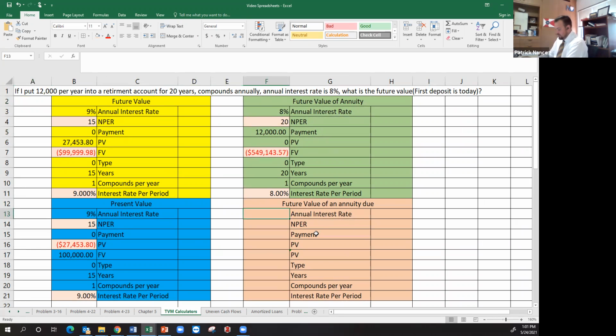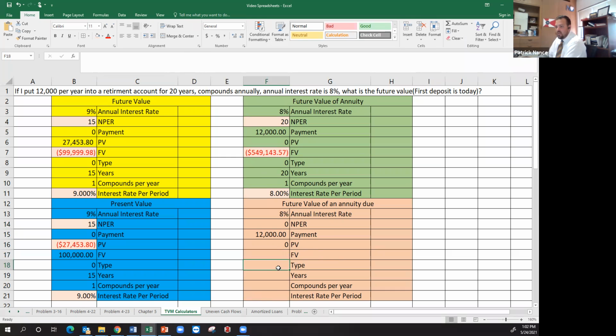So the annual interest rate, again, 8%. I can pretty much just copy what I have up above. Number of periods, that's calculated: I take the compounds per year times the number of years. Payment is going to be the $12,000 again. The present value is 0. And the future value is what I'm looking for.